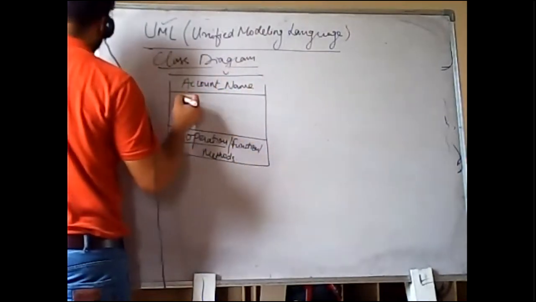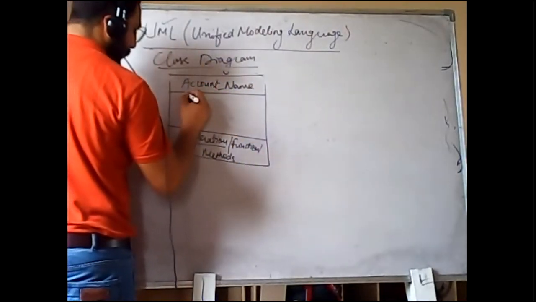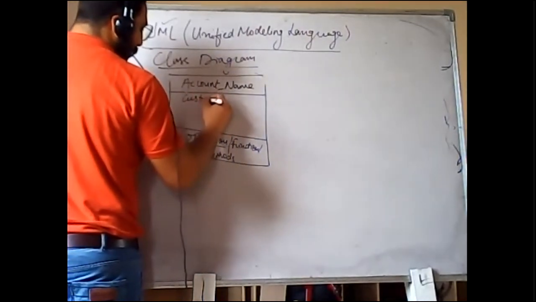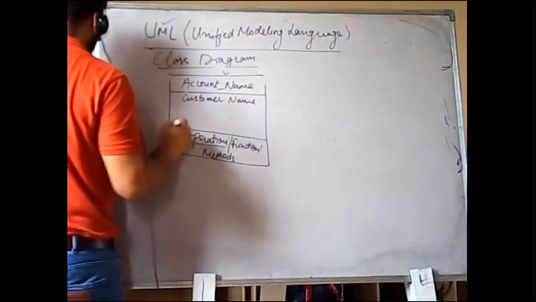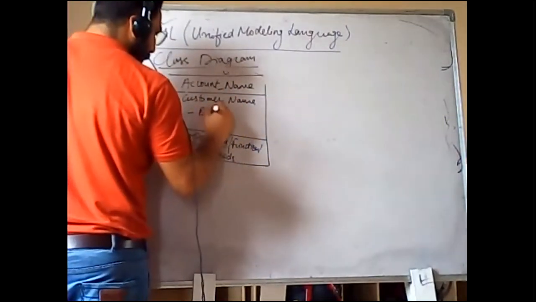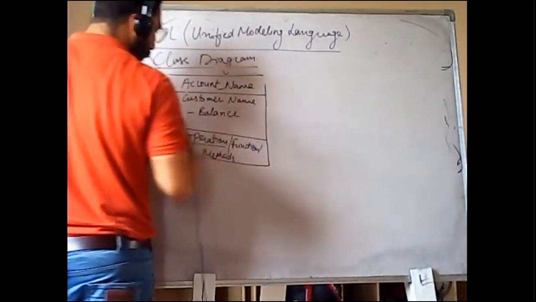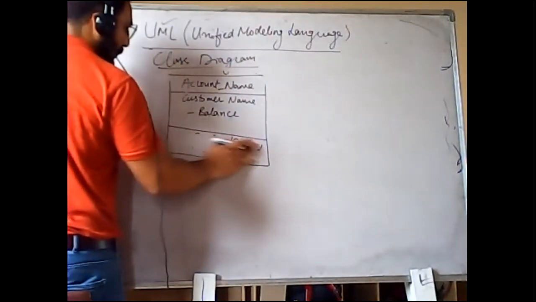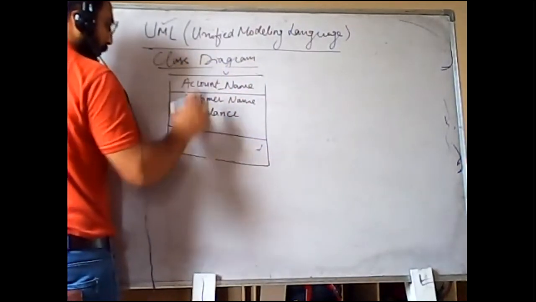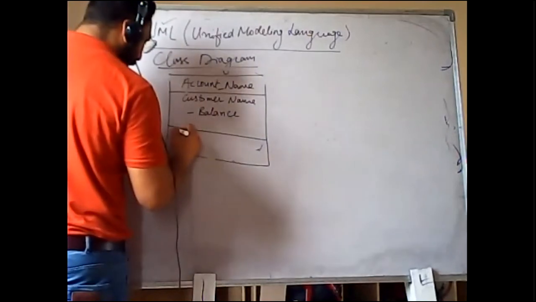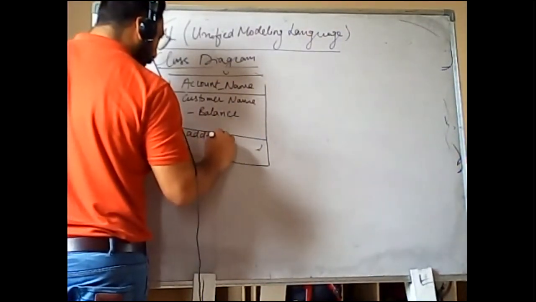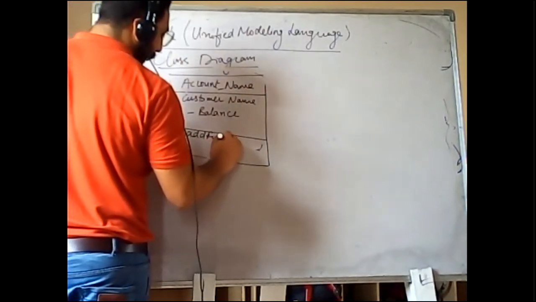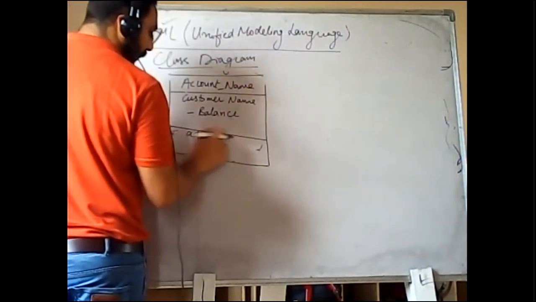Then further, the data members are your customer name, then balance. And the operations that are performed on these data members are add fund, or your function is add.